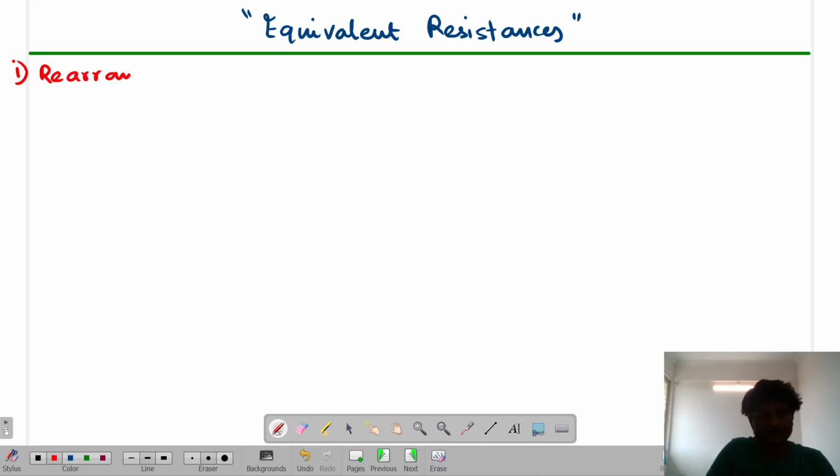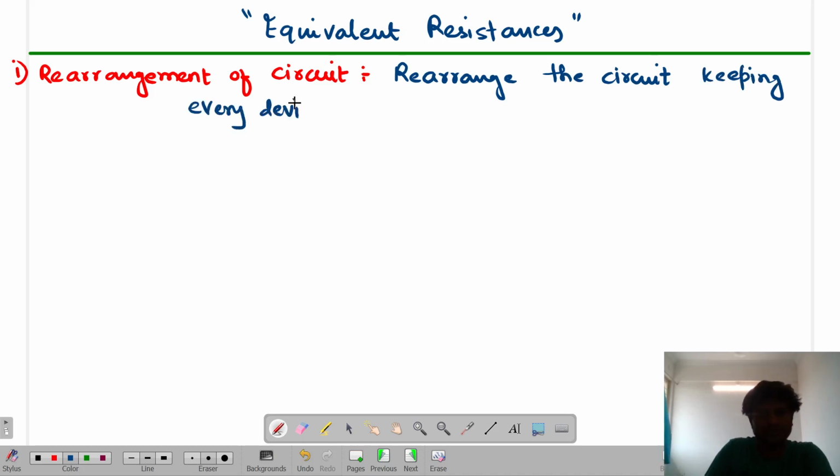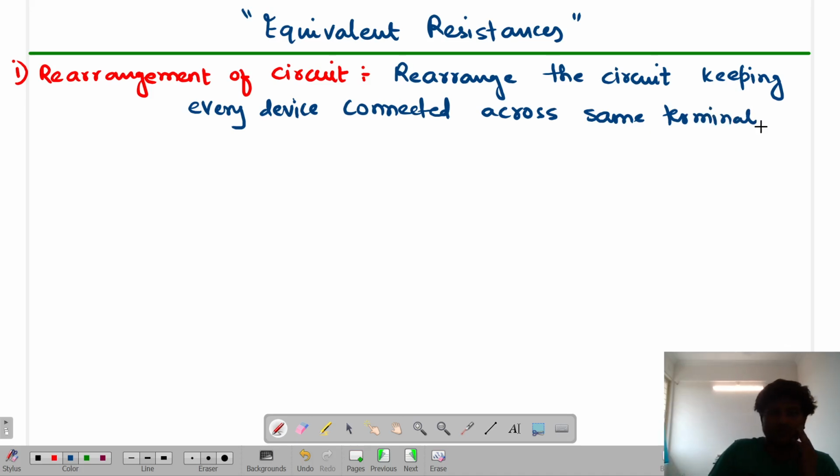So the first way to find equivalent resistance is I can rearrange my circuit, keeping every device connected across the same terminal.